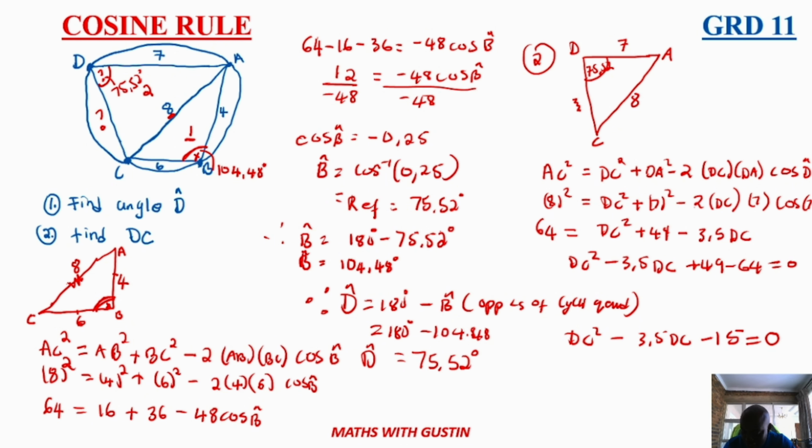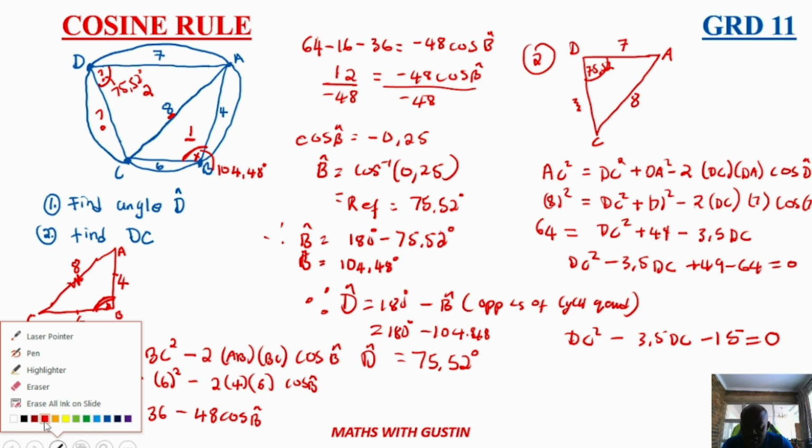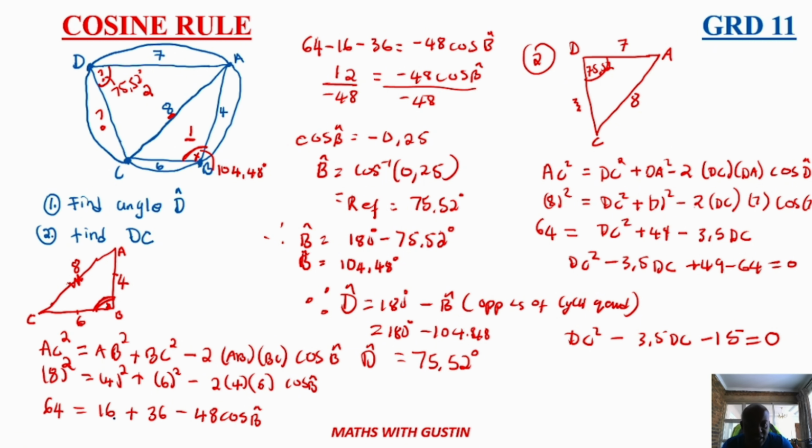So now guys, if you have a look at this one, you are going to say to me, but how am I going to solve this one? If we were to substitute and replace what we have written here with a different variable, this is what you're going to get: x squared minus 3.5x minus 15 equals 0. Please use the quadratic formula to get the answers.